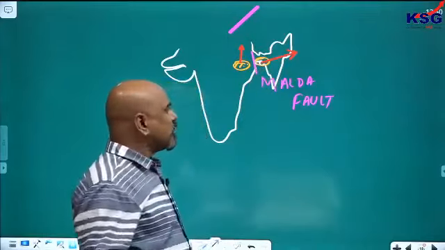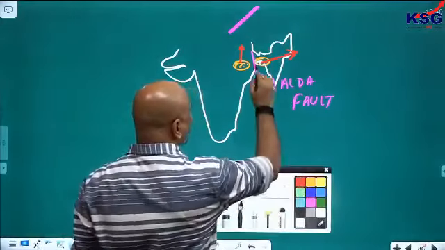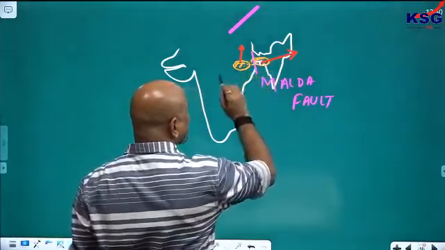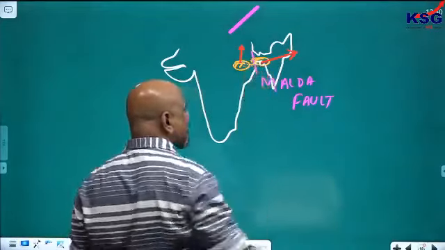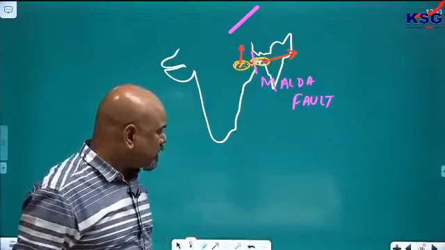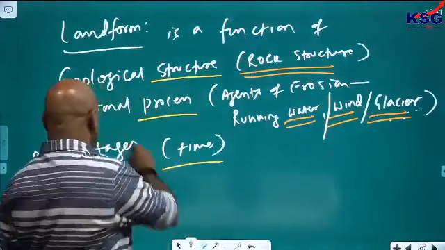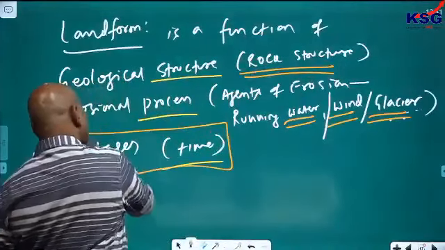And with respect to time what happens? This upland, such a huge upland area, now its height is less, this region. With respect to time, we have the Bengal plain developed. We will discuss it later on. Now what I am saying is, with respect to time, everything will change.